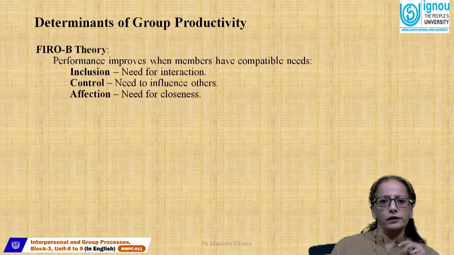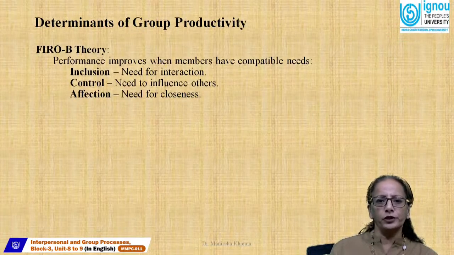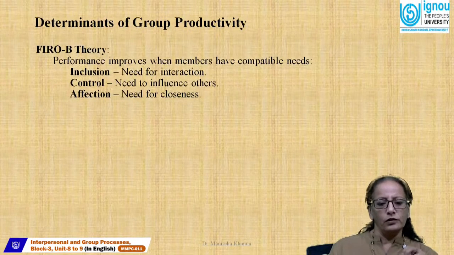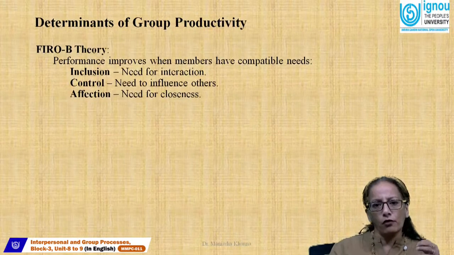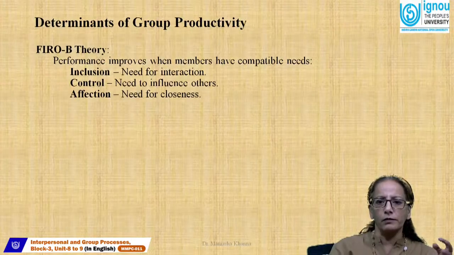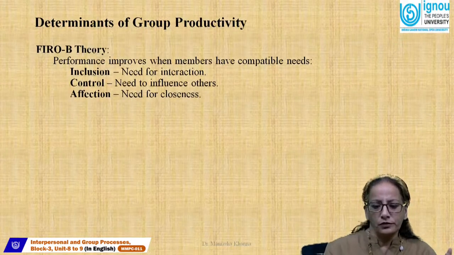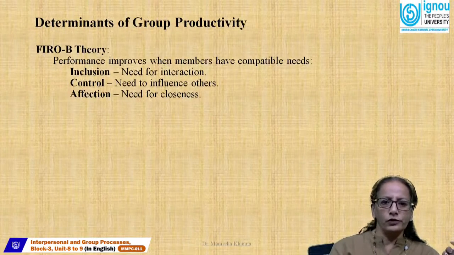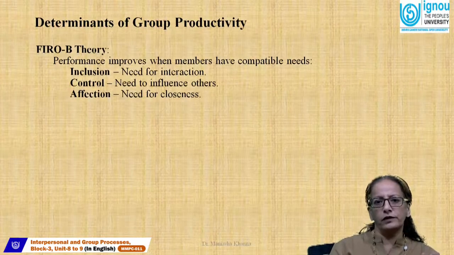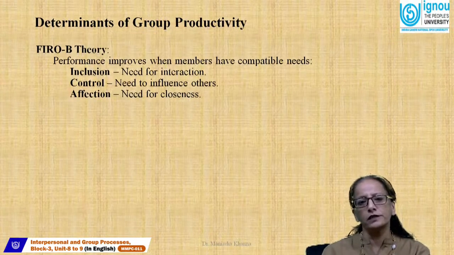The other determinant is given by Behavioural theory. Performance improves when the members are compatible. The Behavioural theory says inclusion is one factor, where the need for interaction is very important.